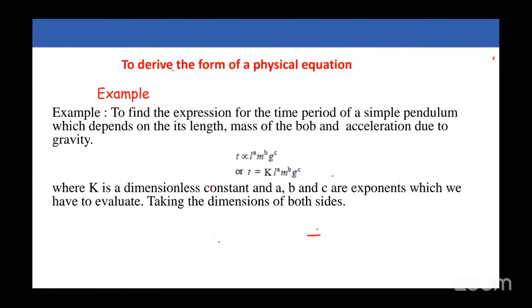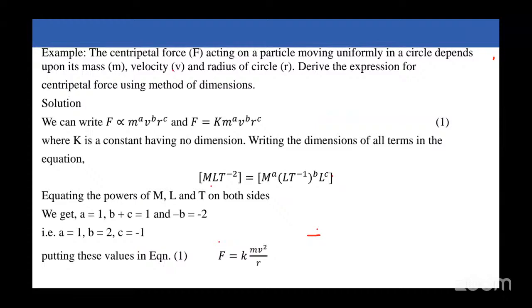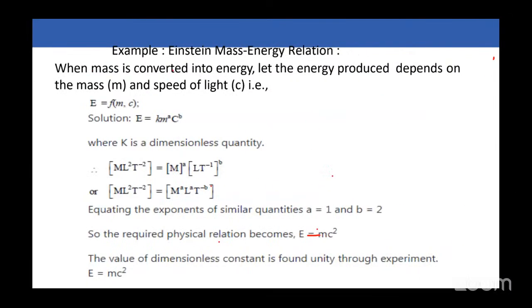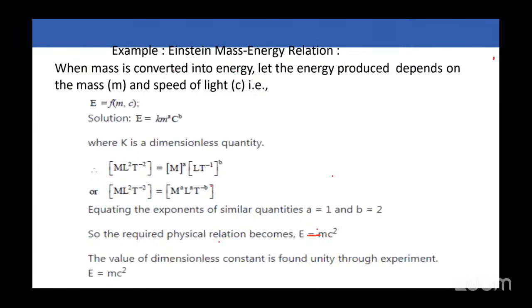So we move on to, let's look at this. Here we are given that when mass is converted into energy, let the energy produced depend on the mass and speed of light.